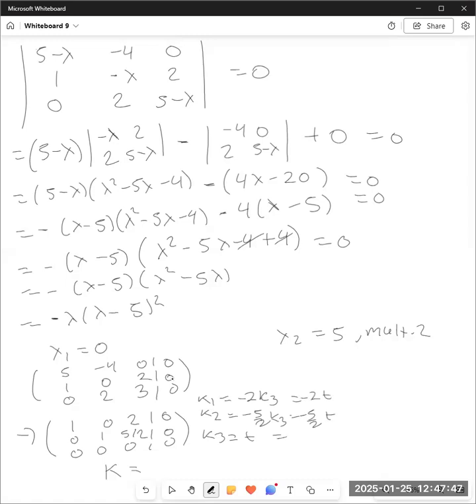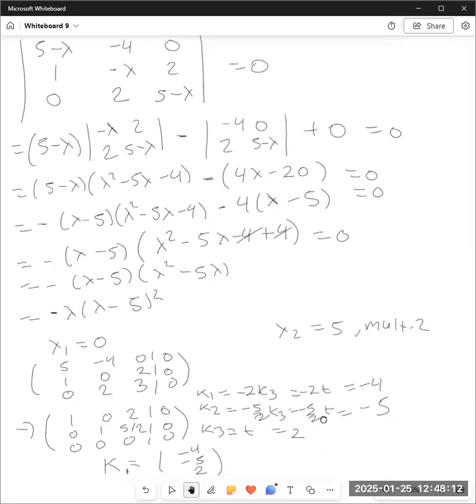I'm going to let T be equal to 2, which makes this negative 5, which makes this negative 4. So K is negative 4, negative 5, 2. It's K1.